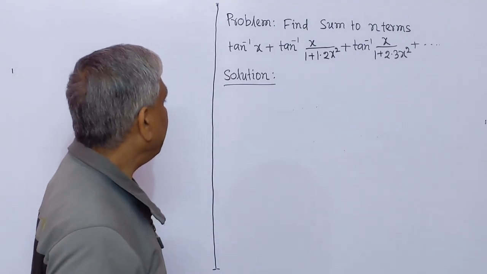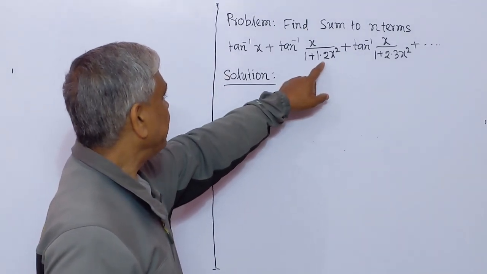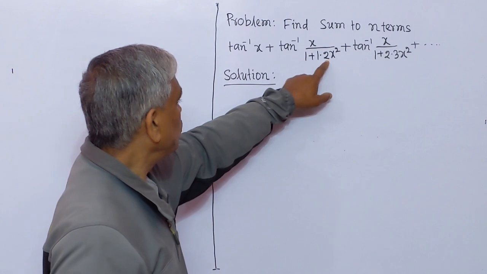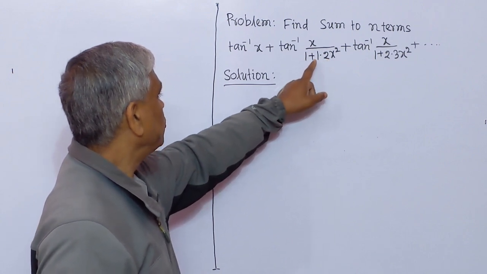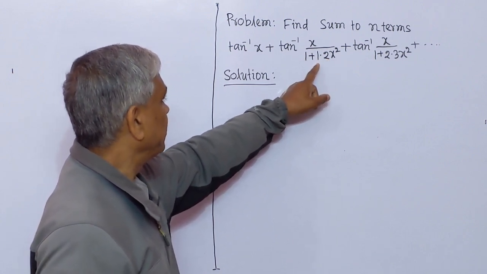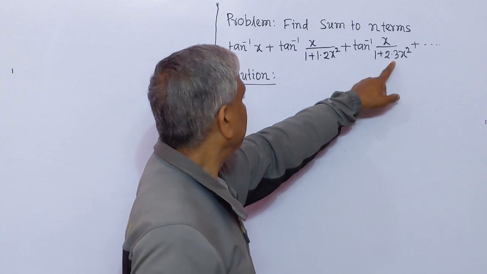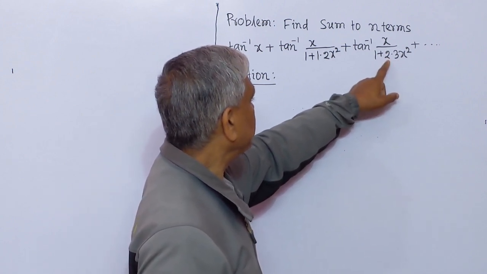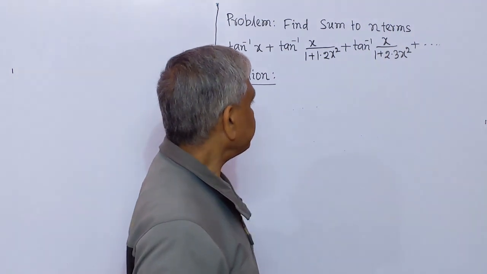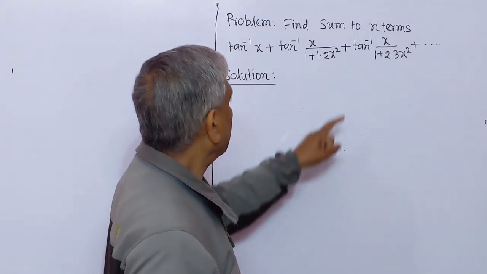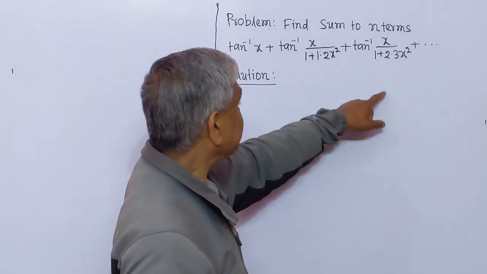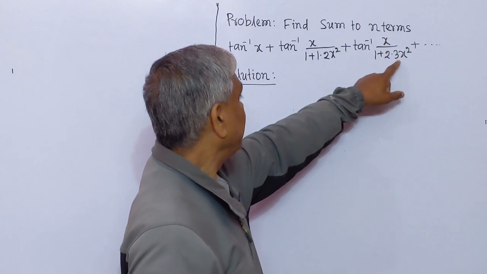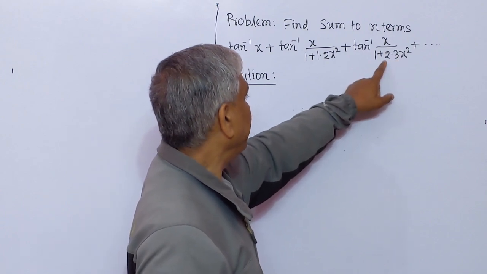Here we see that in the second term, 2 multiply 2 minus 1 means 1. In the third term, 3 multiply 3 minus 1, that is 2 multiply 3. So we may find the nth term as n into n minus 1.